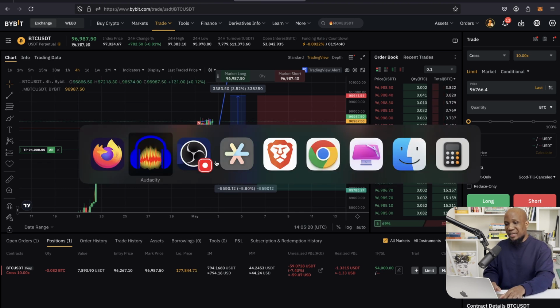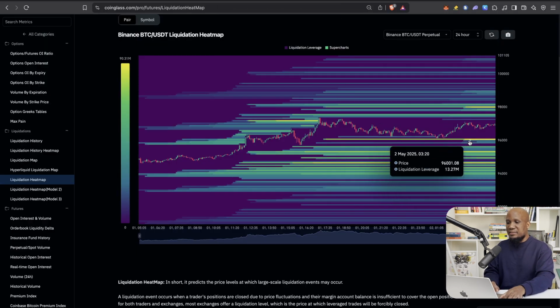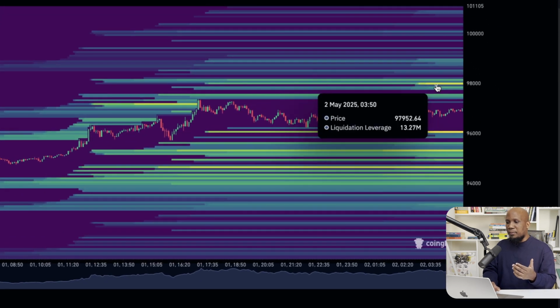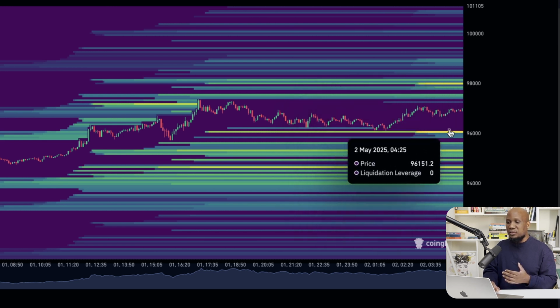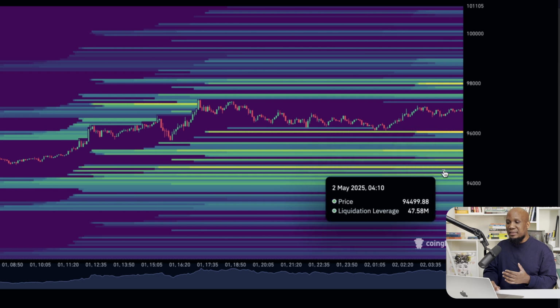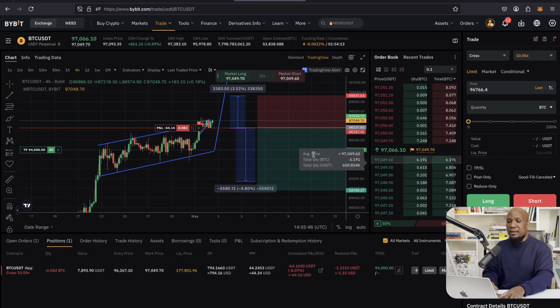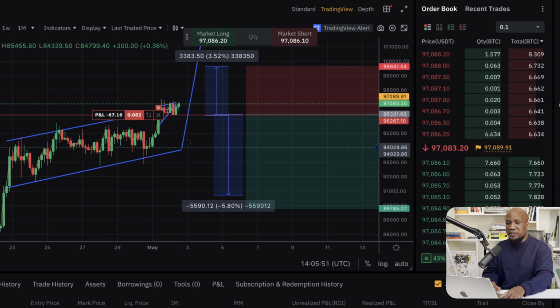If I can just give you a sneak peek, what I'm looking at here is this liquidation heat map, because I strongly believe at 97,000, that's the highest we can go, and then the market makers will go and grab that liquidity. Then eventually the market should come down to 96, eventually 94,000, and that's when I'm going to take profit on this trade. In fact, I already set my take profit here at around $93,000 or $94,000.